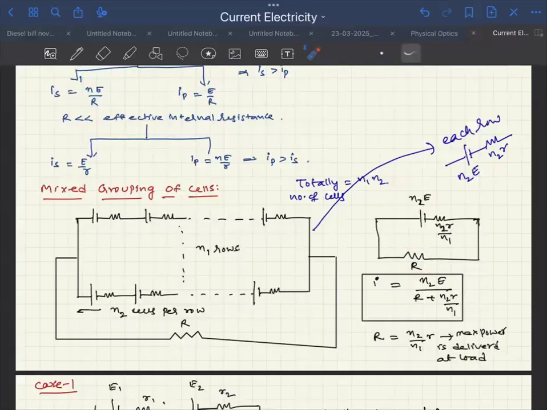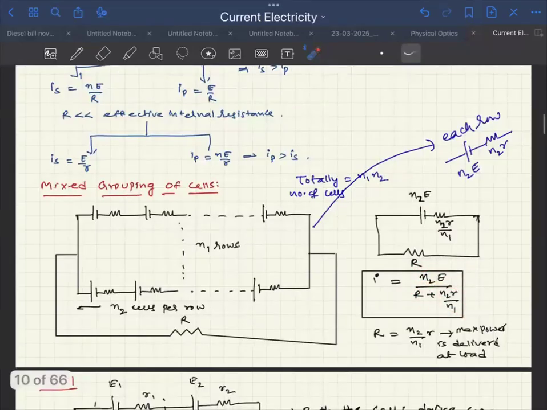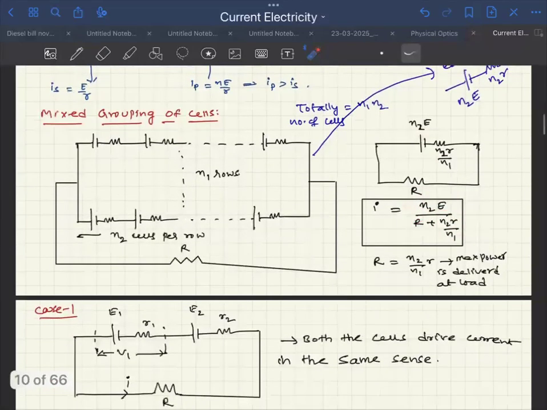What is the current? Same formula, whatever I taught: E by R plus r, so EMF by load plus internal resistance. This is the current through the load. What if I want a maximum current condition? What is the condition for maximum power?